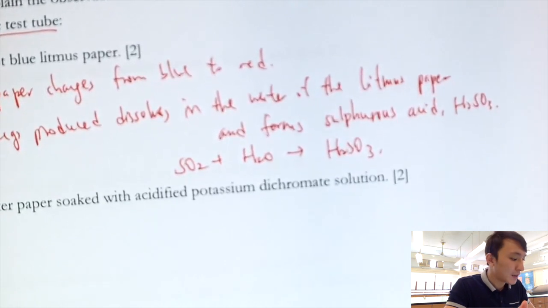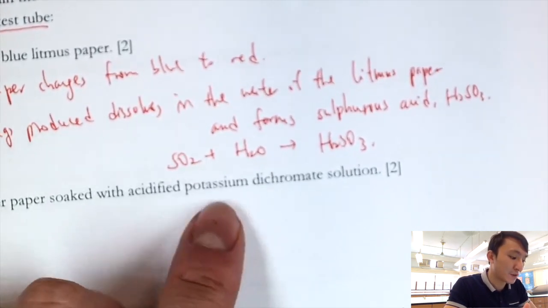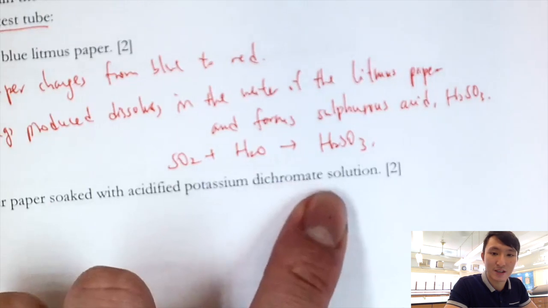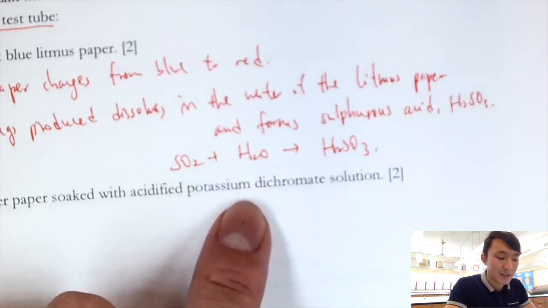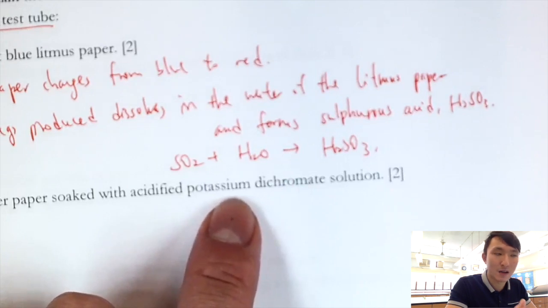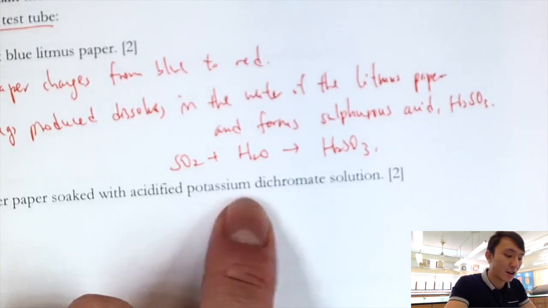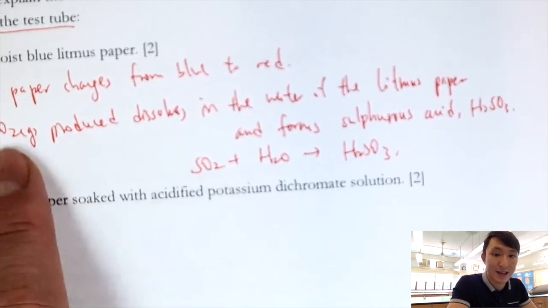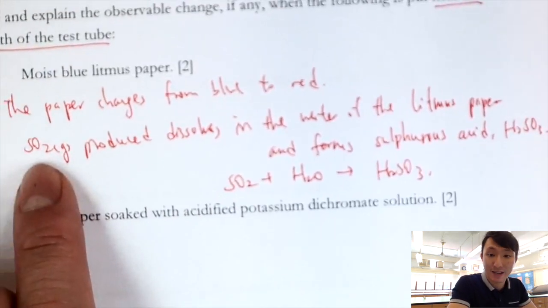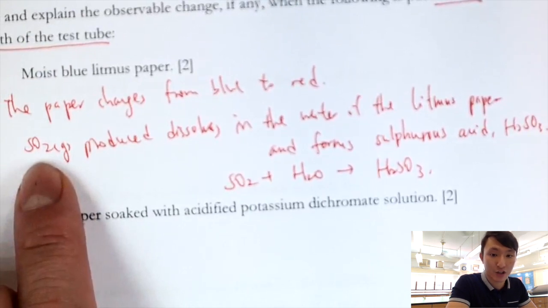Now C2. What if we have a potassium dichromate solution? I mean, a filter paper soaked with potassium dichromate solution. Now, you guys know that this is a very common oxidizing agent. And when an oxidizing agent like this comes across a reducing agent like SO2, then there should be a chemical reaction.